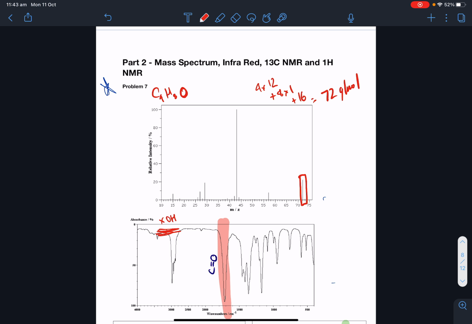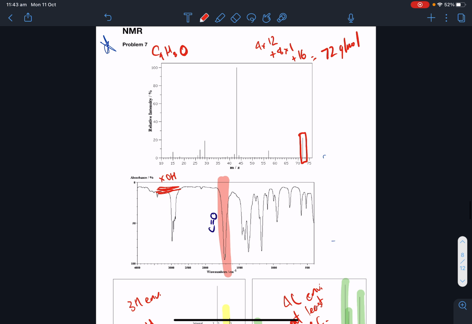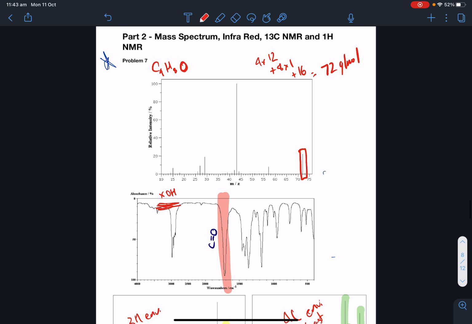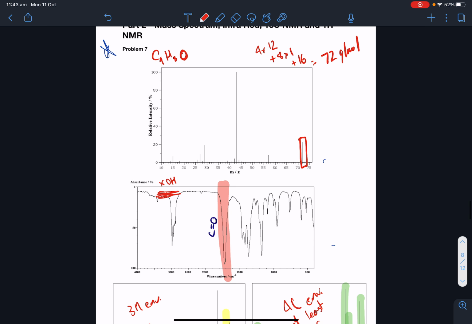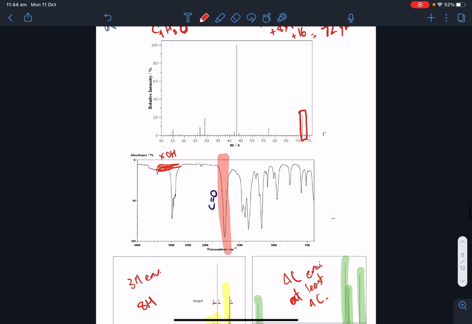Okay, so the mass spectrum is confirming that what we assume to be our lowest is actually our molecular formula there, C4H8O. Okay, and we know it's a carbonyl, so we need to decide, is it a straight chain? Has it got a branch in there? Is it an aldehyde or is it a ketone? Okay, let's keep going.